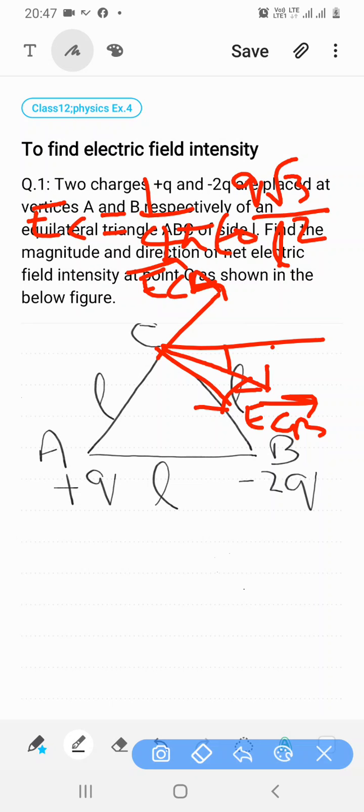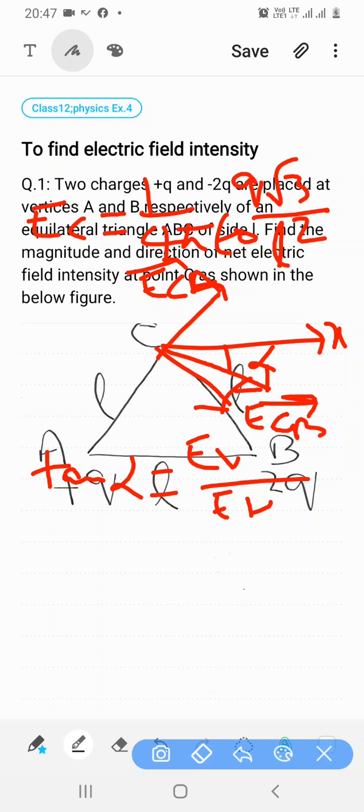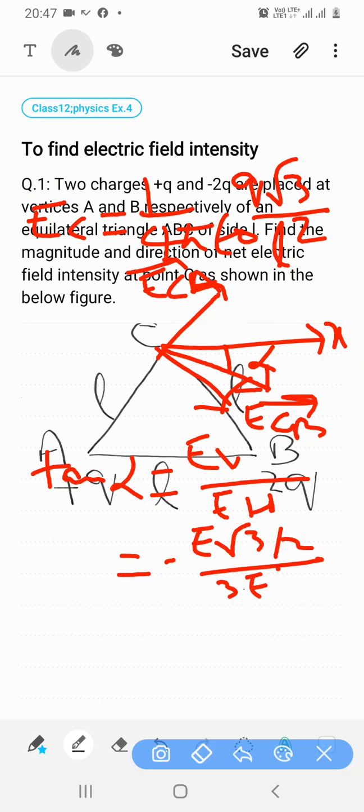So this angle we take alpha from the x-axis. So tan alpha is equal to EV upon EH, and we got EV is equal to minus E root 3 by 2 and EH is equal to 3E by 2.